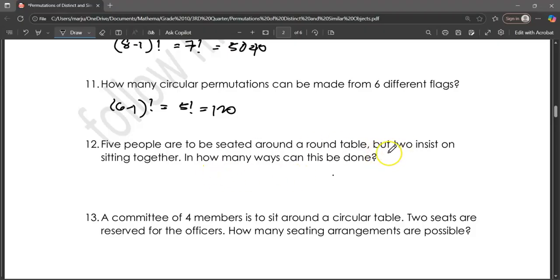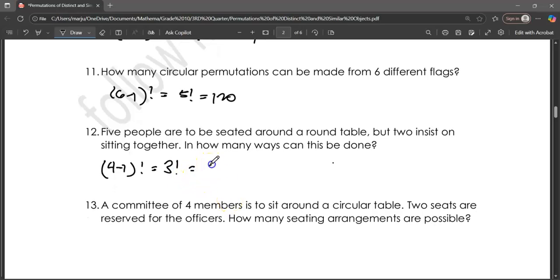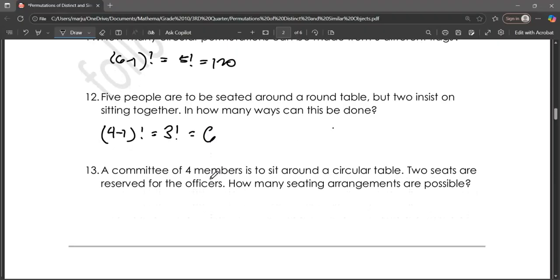So the 2 that insist on sitting together, you consider as one block. So instead of 5, we're gonna have 4, minus 1, factorial. This is 3 factorial. This will give you 6 ways, or 3 times 2. And then this will be your task.